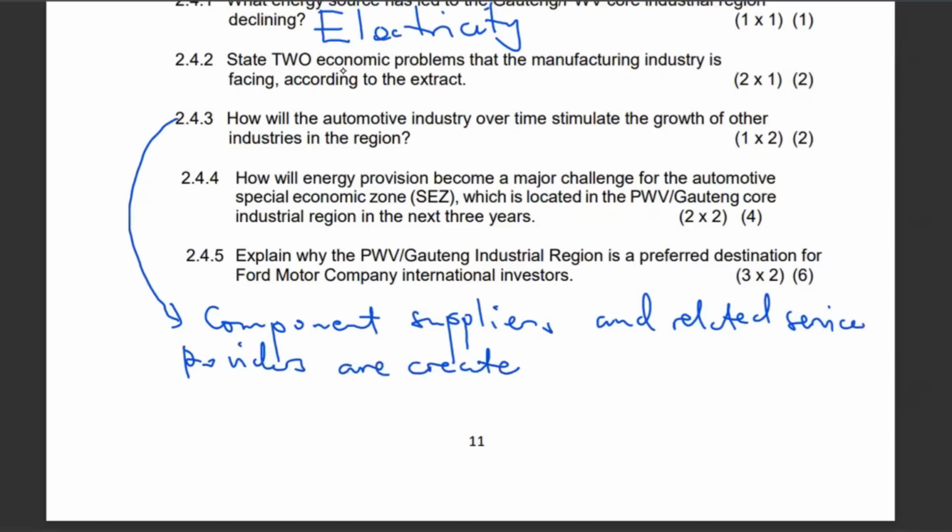If you are having an automotive industry, automatically the automotive industry will also require some component suppliers. Components, you are looking at parts of the production, part of the main product being produced.